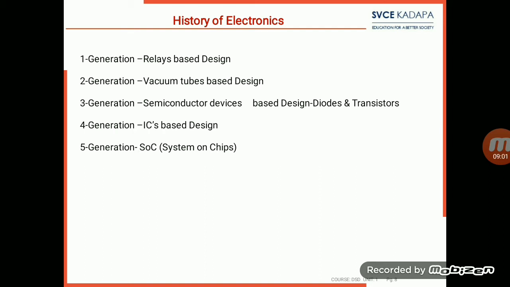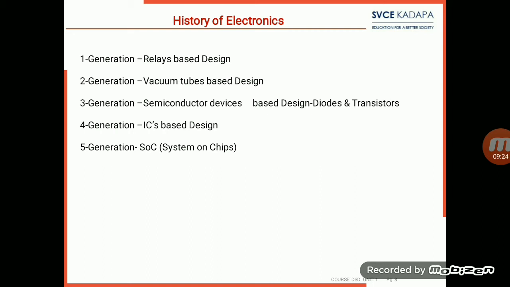In the third generation, we can use semiconductor devices like diodes and transistors. You can use all these components and implement PCBs, printed circuit boards, and whatever logic gates or small arithmetic components, all implemented by using transistors.